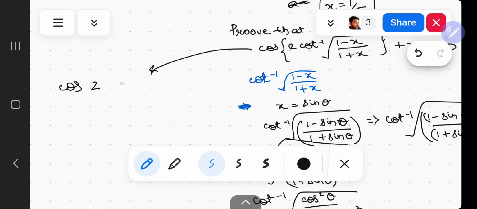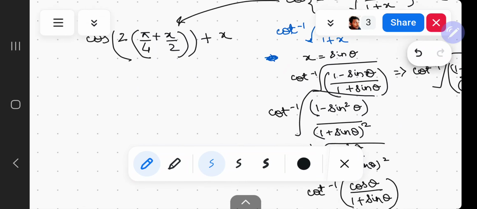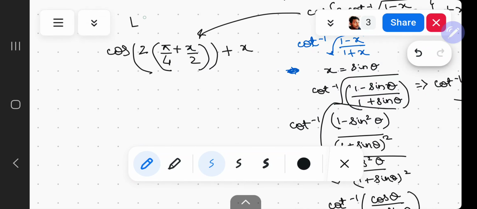This value we have found, and it was pi by 4 plus x by 2. So this is our value, plus x. We are solving the left hand side. So that's cos of pi by 2 plus x. 2 has been multiplied.